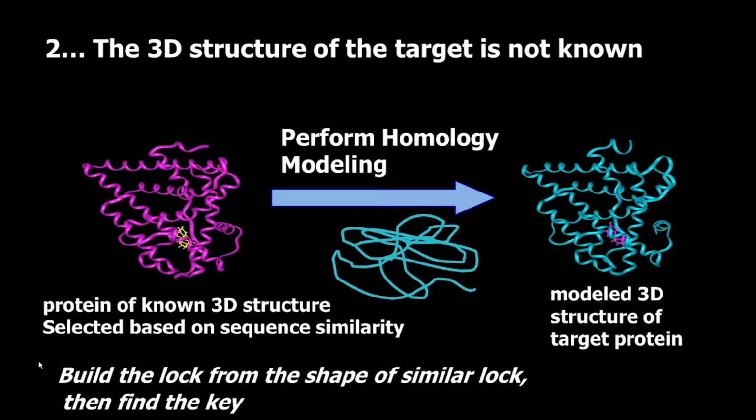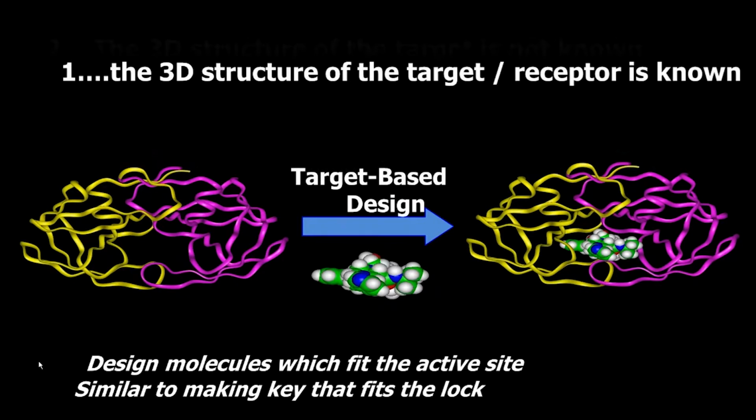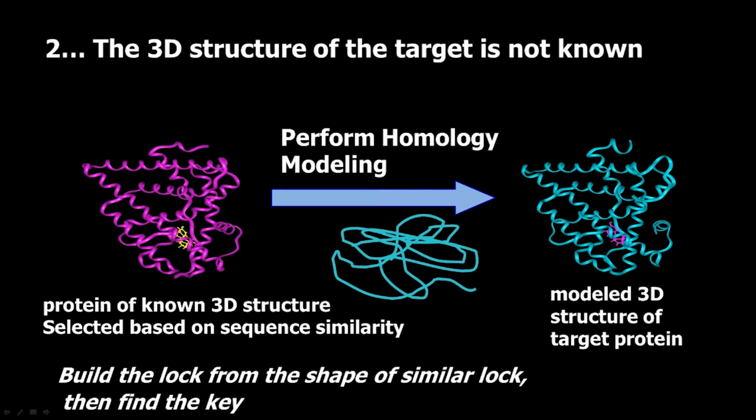The second approach is I know the protein sequence. That means I do not know the three-dimensional structure. So what do I do? I do something called homology modeling and then create the three-dimensional structure of the protein of my interest.